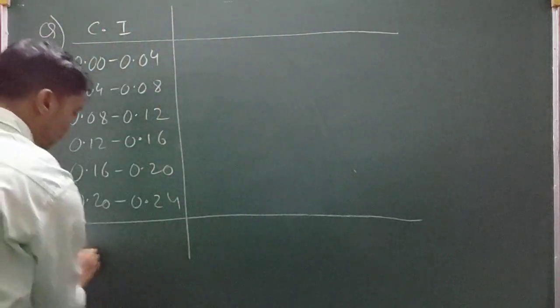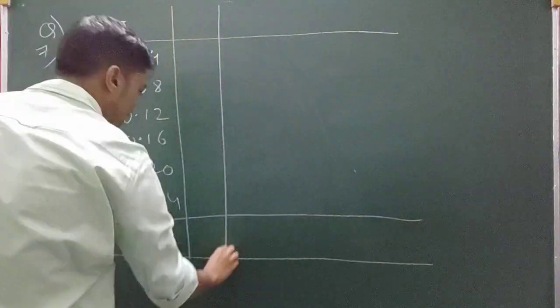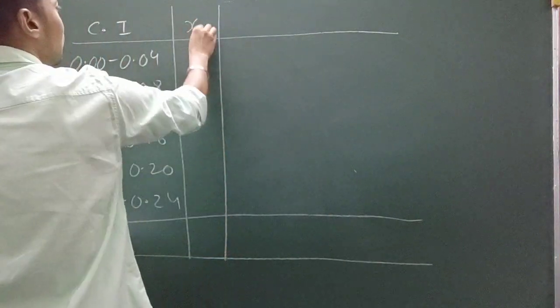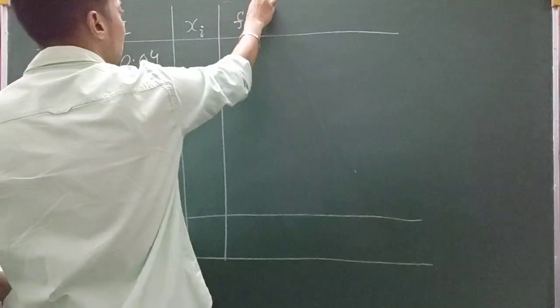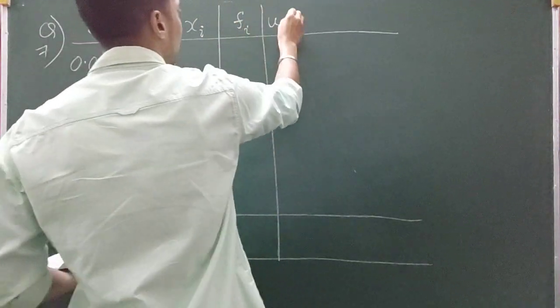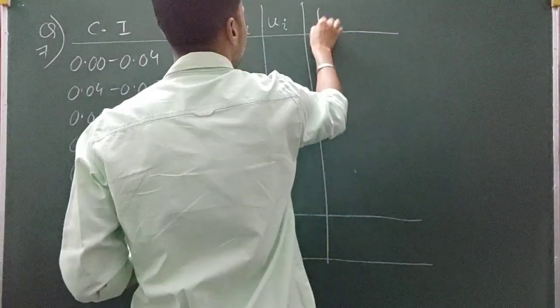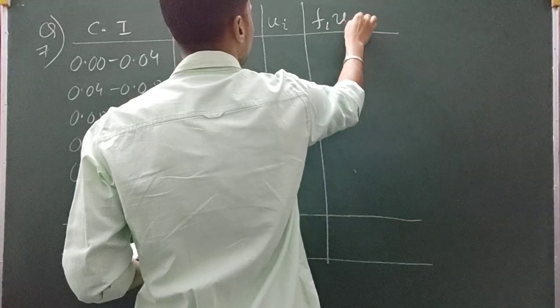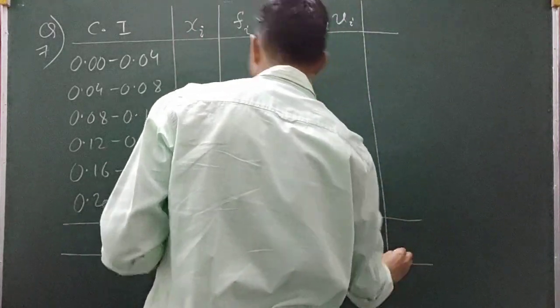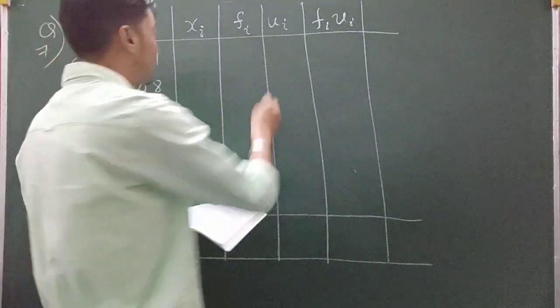As we all know how to calculate, we will need the class mark, that's the mid value. These are not new terms, isn't it? And the frequency, and of course the deviation ui, and finally the product of the frequency with its deviation. Let me write down the frequency also.